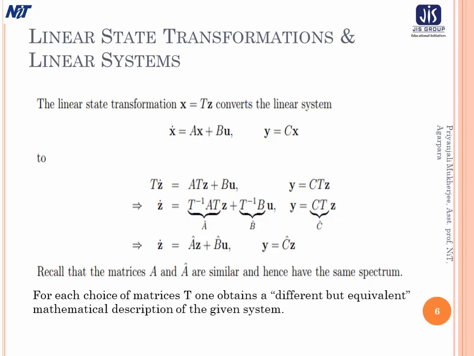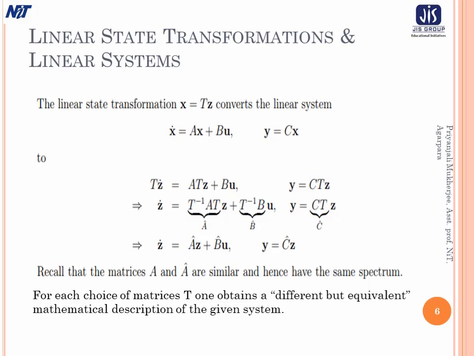So here we have considered x dot equals Ax plus Bu and y equals Cx. Now we are interested in transforming this dynamic equation into another set of equations of the same dimensions.